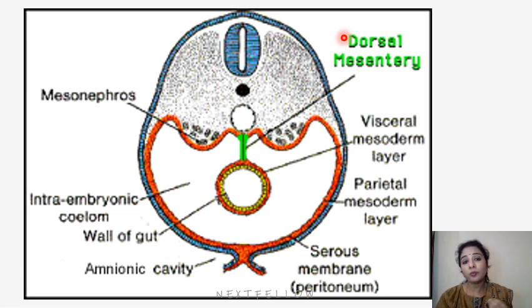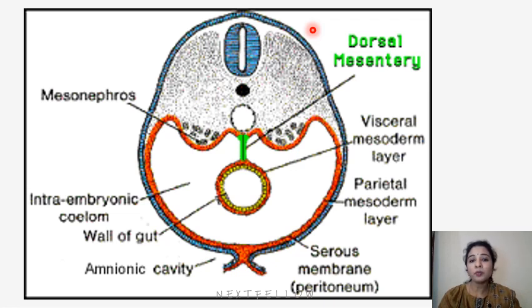Both the dorsal and the ventral mesenteries divide the peritoneal cavity into right and left halves initially, and eventually the ventral mesentery disappears except near the caudal part of the foregut, which is the future stomach.